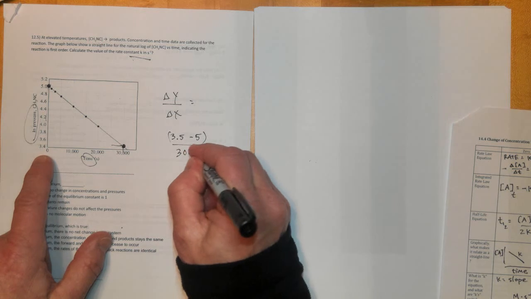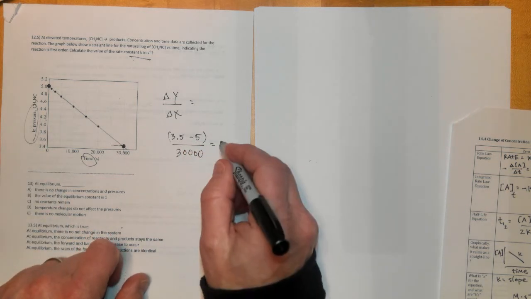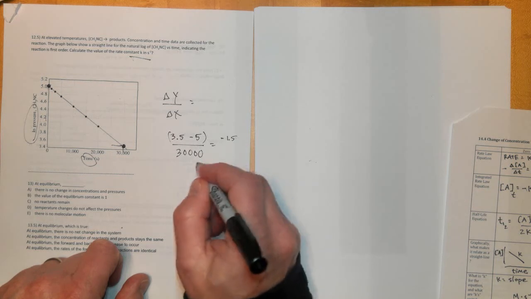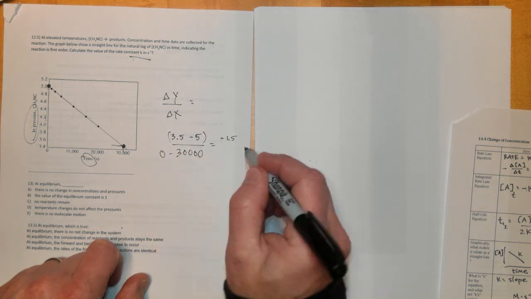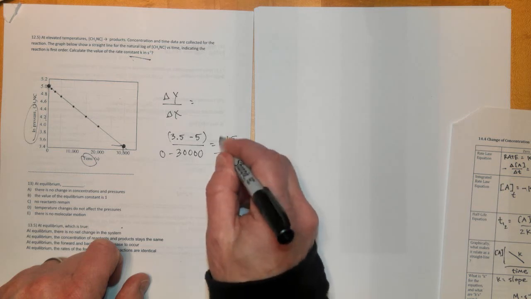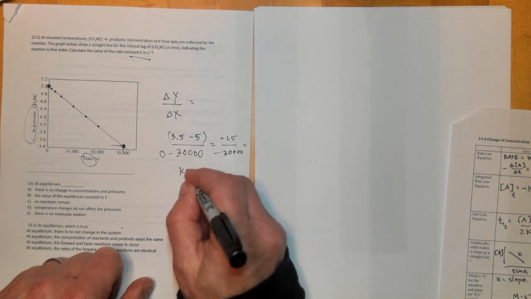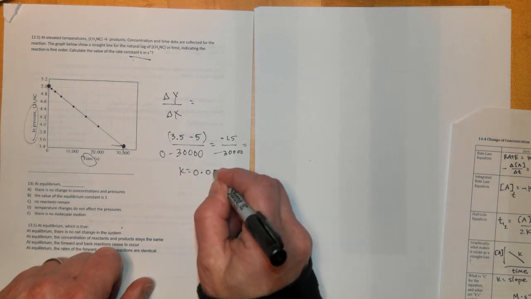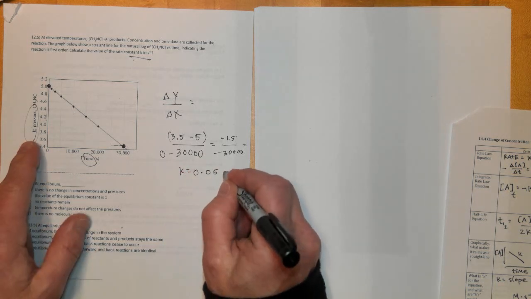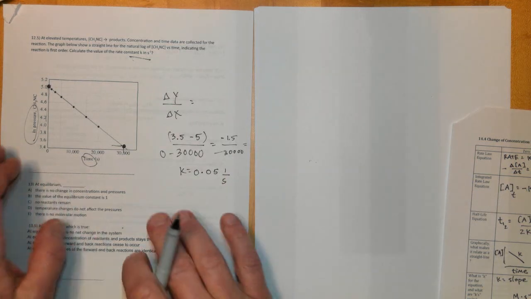And if I took those numbers, I'd get negative 1.5, and my change in x would be 0 minus 30,000, so negative 30,000 right here. So negative divided by a negative is a positive number, and I'd end up with k equaling 0.05. And then the units on that would be unitless on the top here, and then seconds on the bottom, so 1 over seconds.